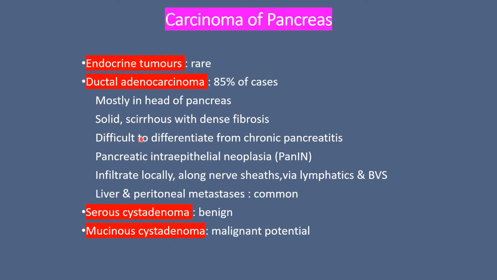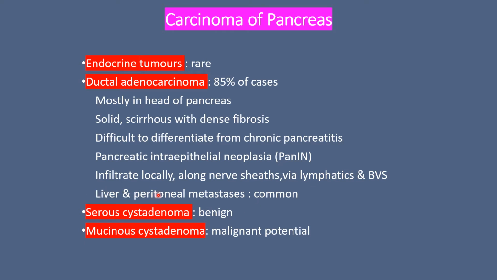They are solid, with dense fibrosis within the tumor. It is often quite difficult to differentiate this tumor from chronic pancreatitis. Pancreatic intraepithelial neoplasia or PanIN is an in situ pancreatic neoplasm within the ductal system, which are pre-malignant lesions.